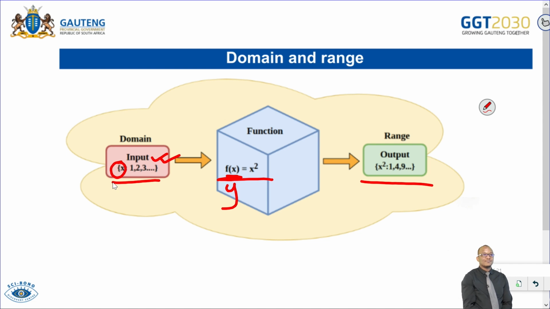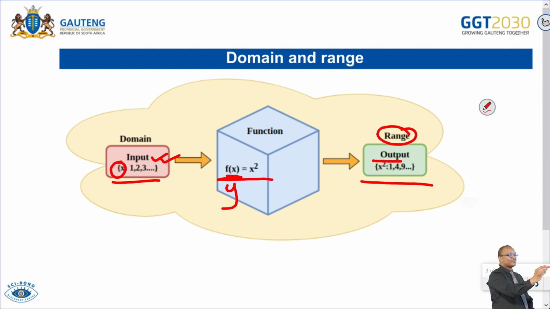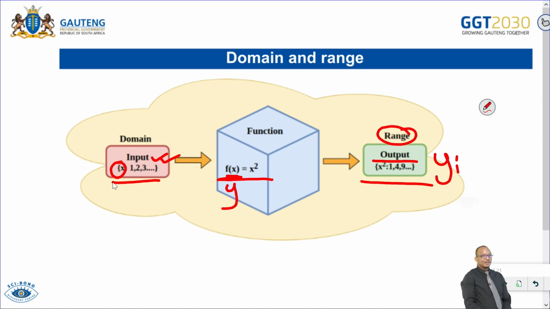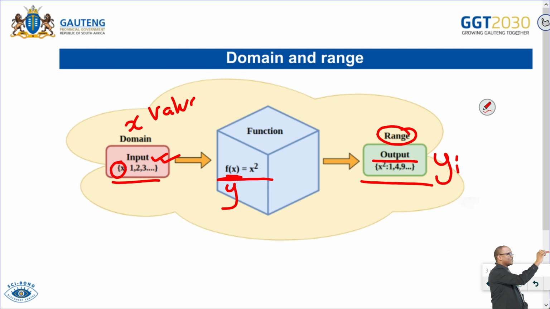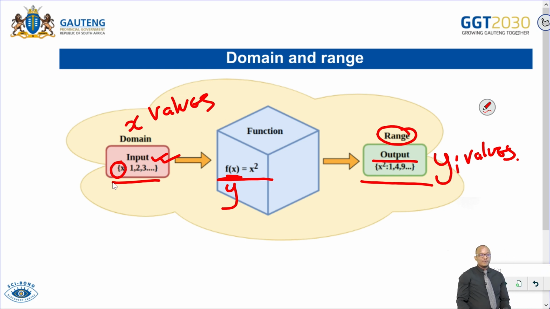Remember, f of x can be represented by y. It's the same thing. When we're talking about the range, we're talking about the output, and output represents the y values. Remember, domain is x values, and range is y values. We will talk more about domain and range when we're interpreting our graph.